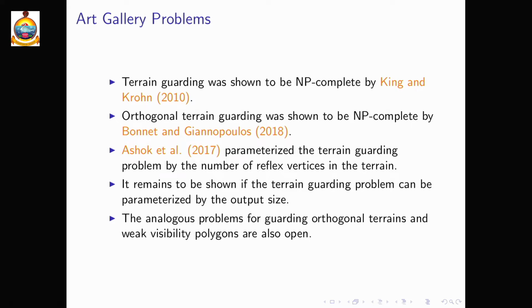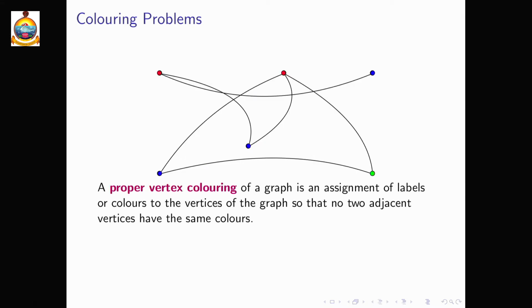So, these are the open problems for art galleries. Okay. So, now we know what guard means. Yes. So, we will use this concept soon. So, there are two things that we will combine.